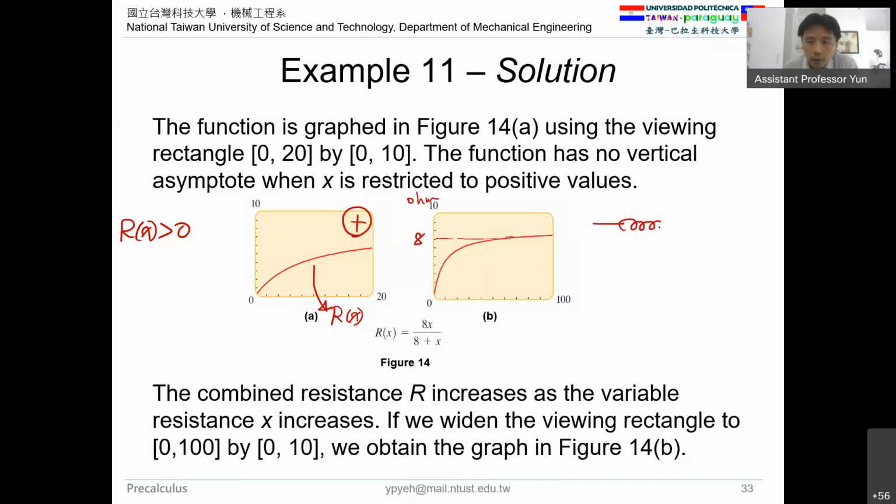Let me draw it better. If you know that the ohm here is 8 ohms, so here is the x ohm, you can see in the beginning of these functions, they will start to transmit electrons passing through this resistance, right?